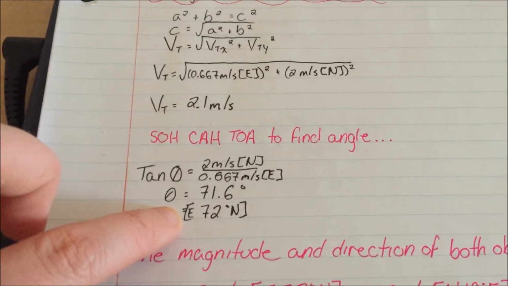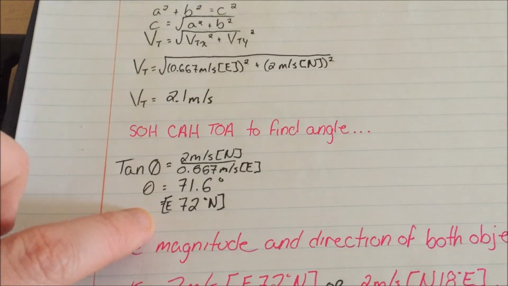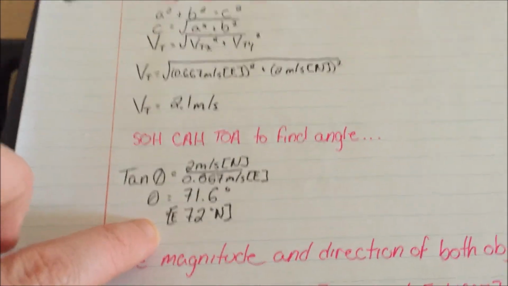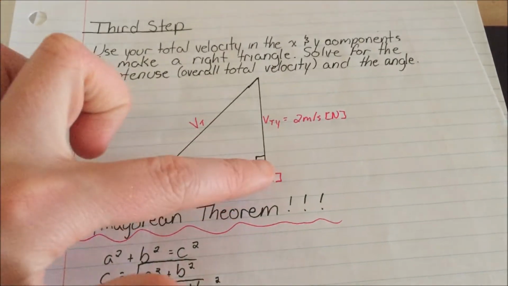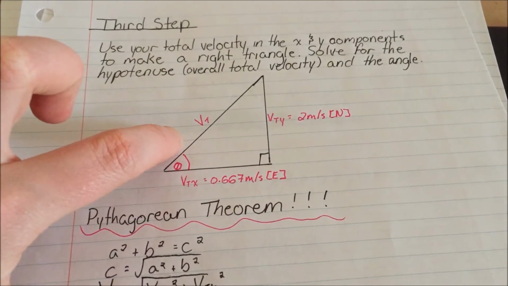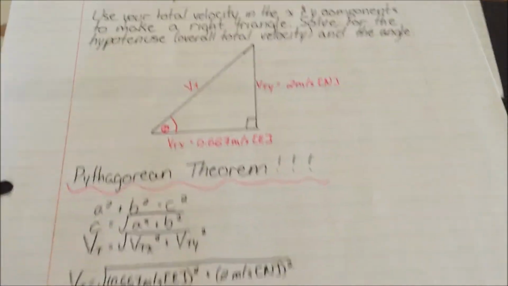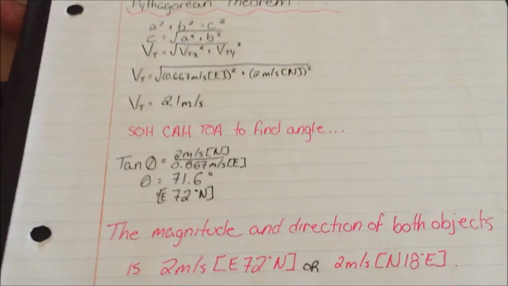Overall, you have to include your sig figs, so your answer is east 72 degrees north, which means the collided objects are moving east 72 degrees up north. That's what that degrees means.